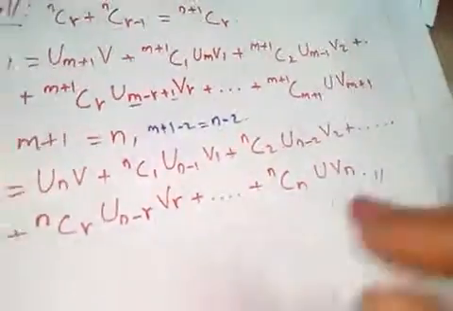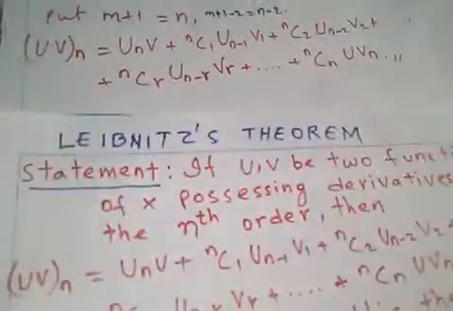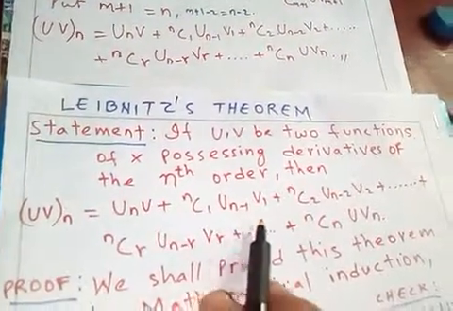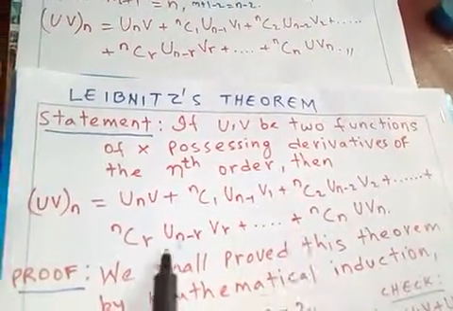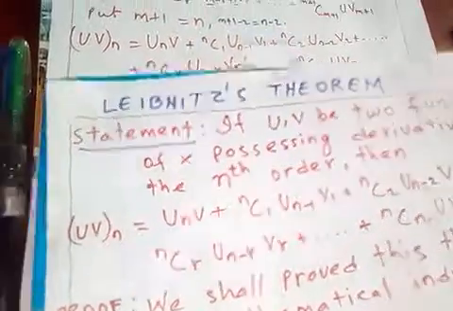So if you see this last result, okay, with the first result, if you compare here, is it the same thing, this one? Yeah, it is the same thing. Yeah, isn't it? So we know that it is the same.